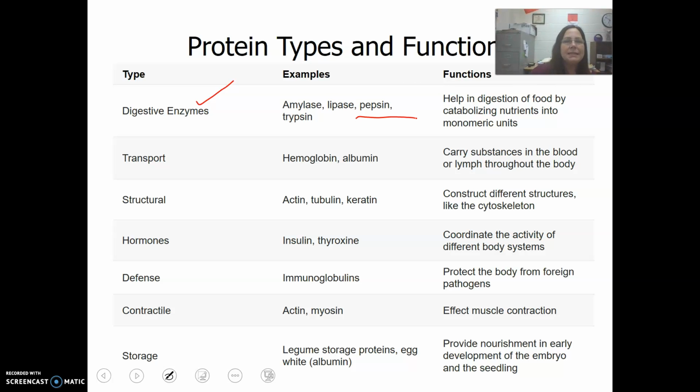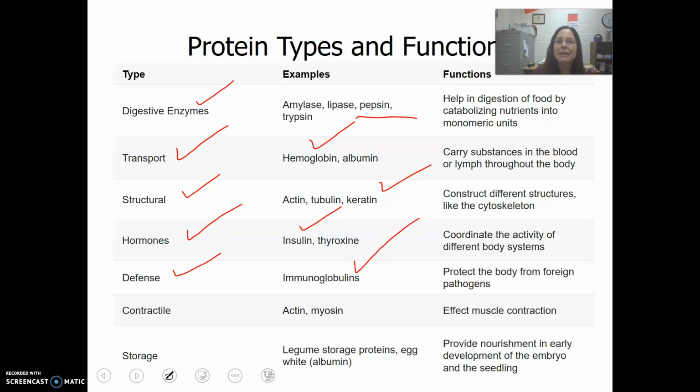There are some proteins that transport. Hemoglobin is an example of that. It transports oxygen throughout the blood. There are structural proteins like keratin found in our skin. There are hormones that are proteins. Now, all hormones are not proteins. Steroid hormones are lipids, but some hormones like insulin are protein hormones. Then there are proteins used in defense.